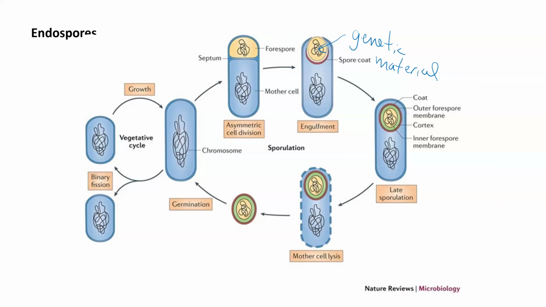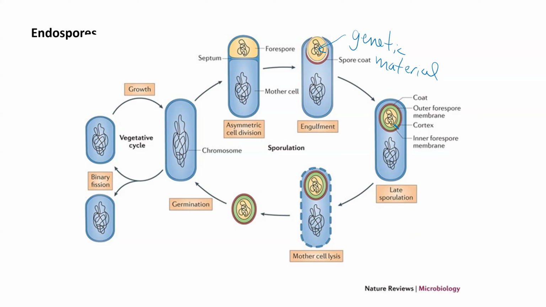Endo is inside, and spore is a structure that's got a hard coat. We're going to talk about spores and fungi, but it starts to form this coat. And we end up with an inner membrane, a cortex, an outer membrane, and a coat. So this is a very thick, very protective structure around this genetic material.